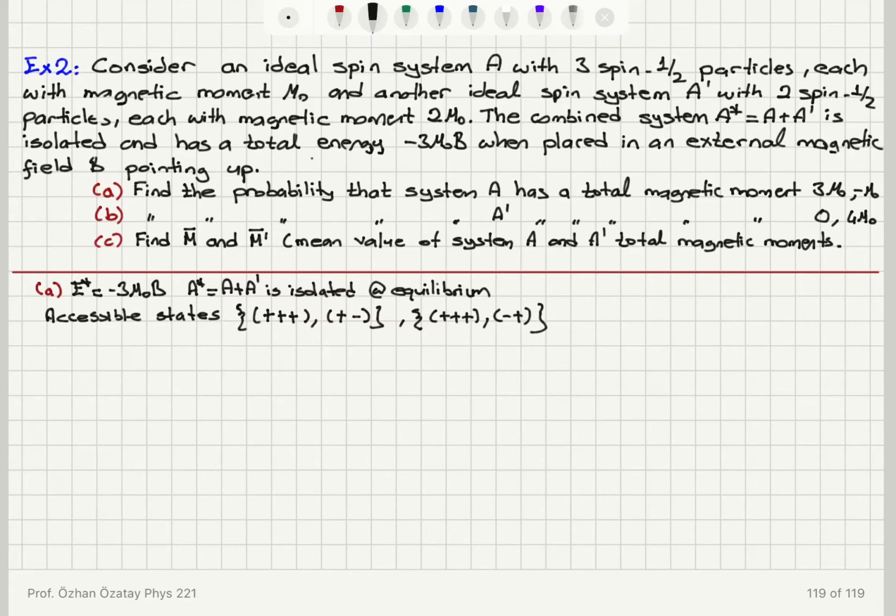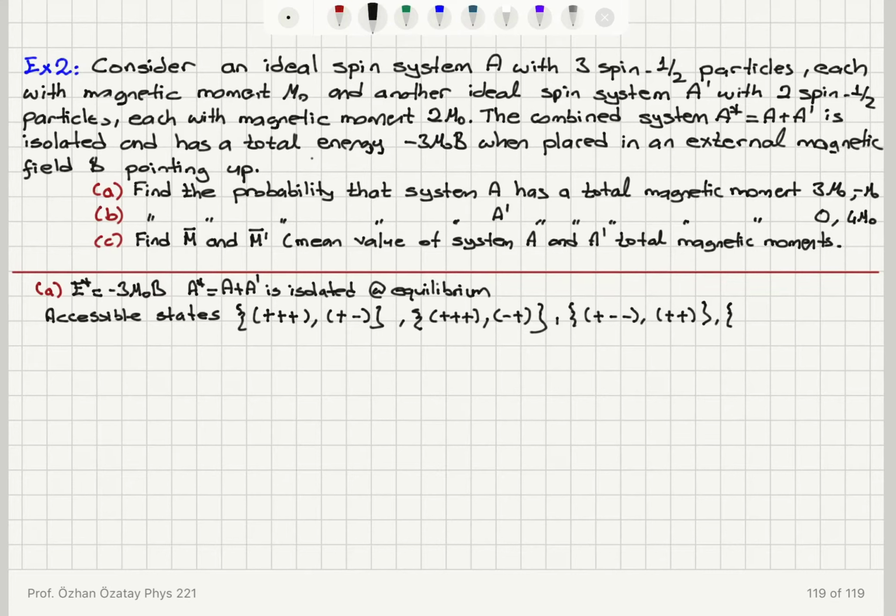And the second scenario was you can have one of them up, plus minus, minus, and in this scenario you need to have both of them up in the primed system. So this will give you 4 mu 0 in the primed system, and you will have minus mu 0 as the total moment in the unprimed system, giving you plus 3 mu 0.